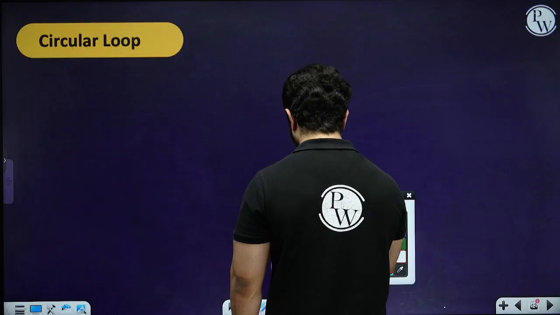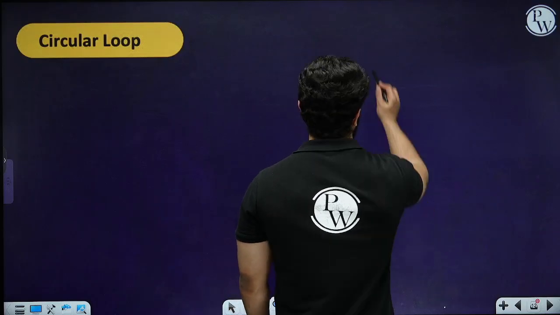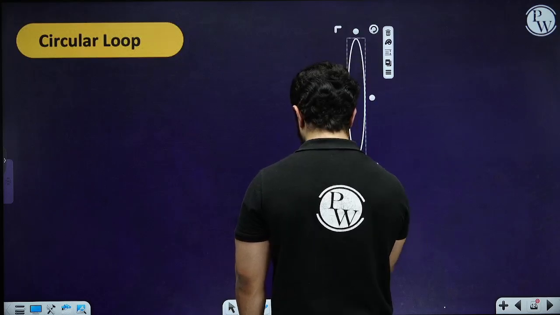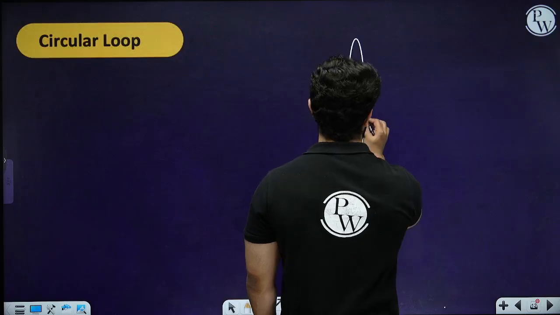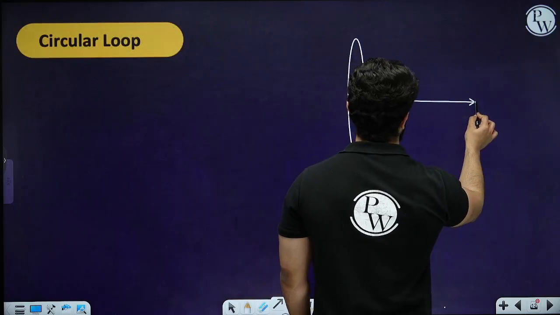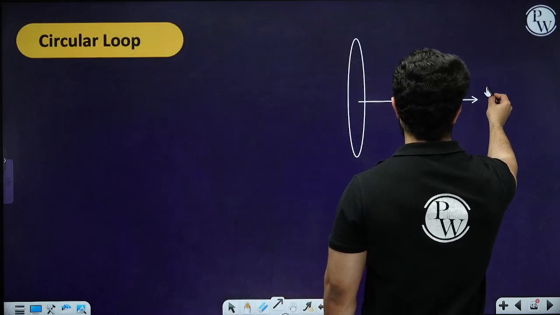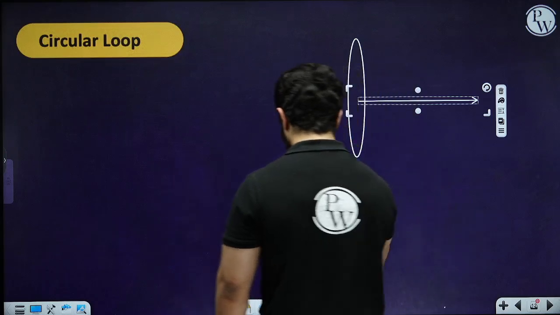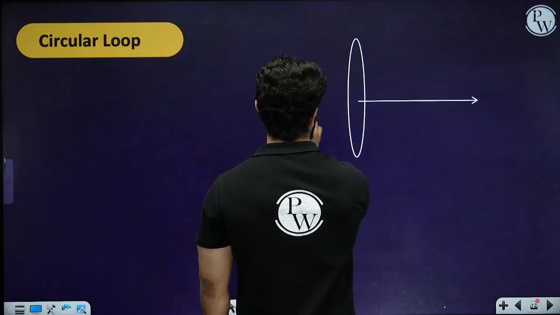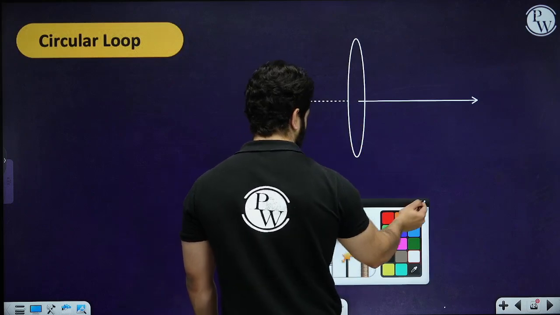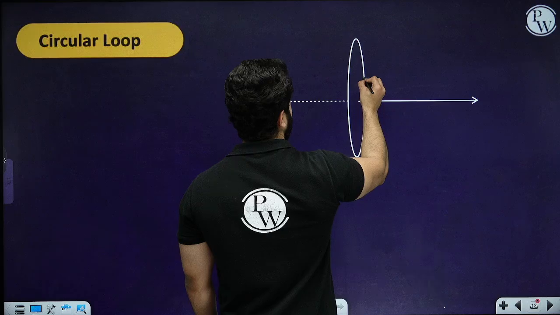The circular loop actually looks something like this. And this is the axis of the circular loop, and the current is flowing something like this.